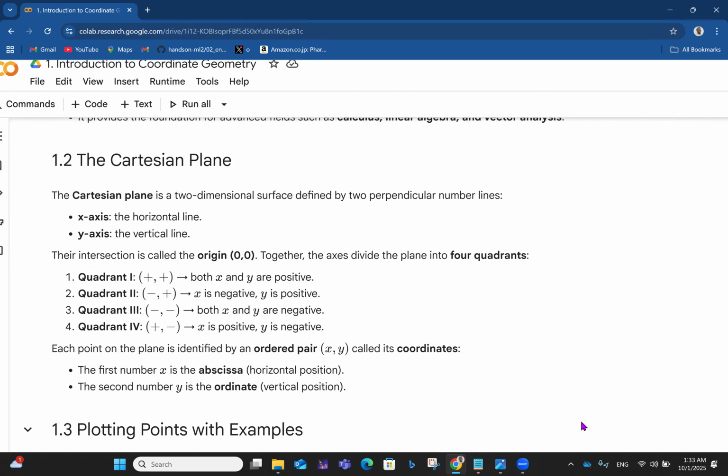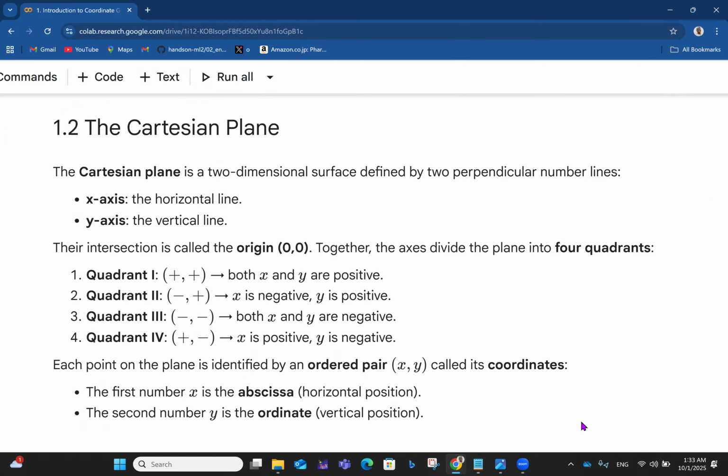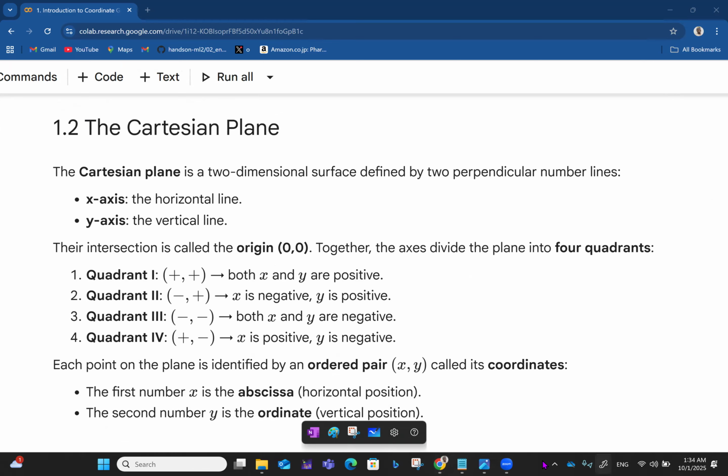So, since this whole idea came from René Descartes, that is why we talk about the Cartesian plane. The Cartesian plane is a two-dimensional surface defined by two perpendicular lines. All right, you have the x-axis, the horizontal line, and you have the y-axis, the vertical line. Of course, in easy terms, we can actually visualize this.